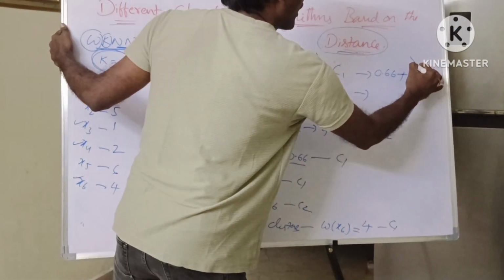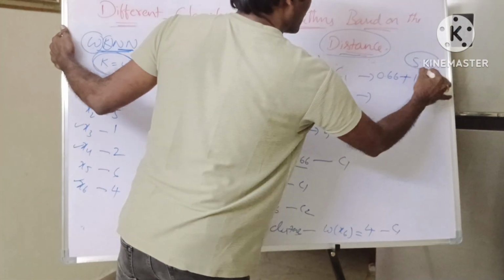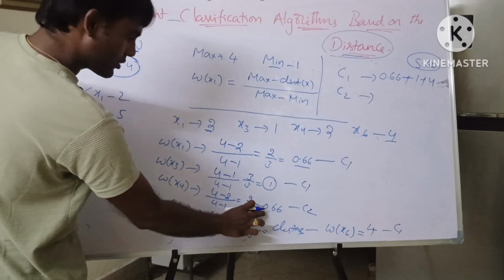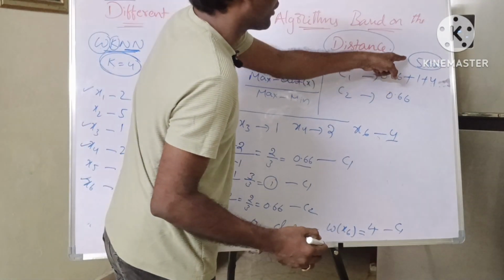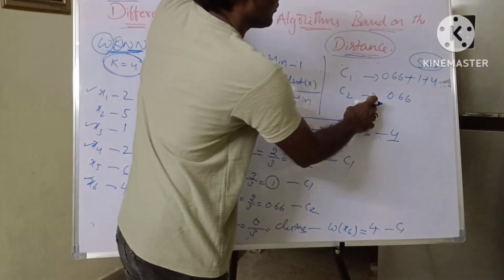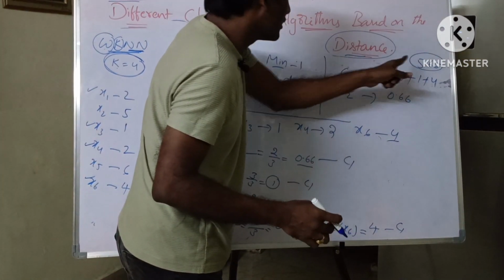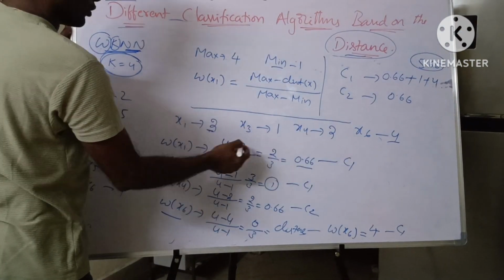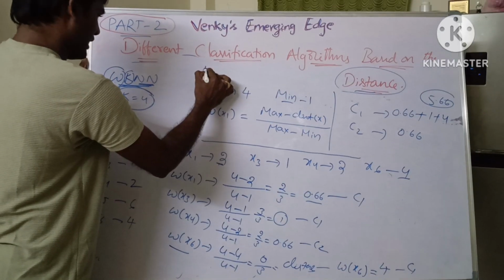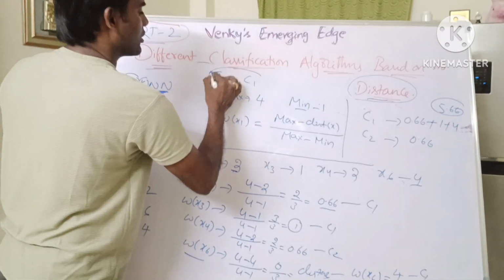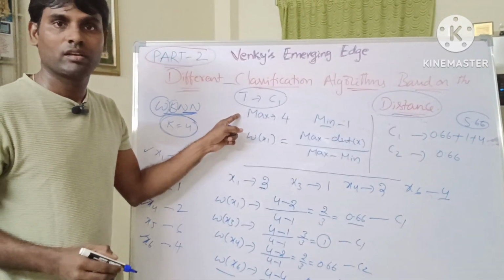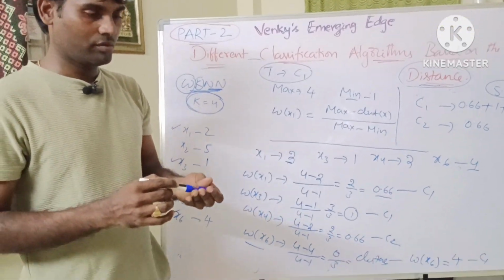What is the value? 5.66. What is the C2 weight? 0.66. Which one is high? C1. So that's why our new data item T belongs to the C1 class. Is it clear?